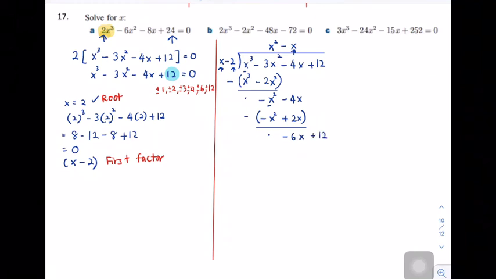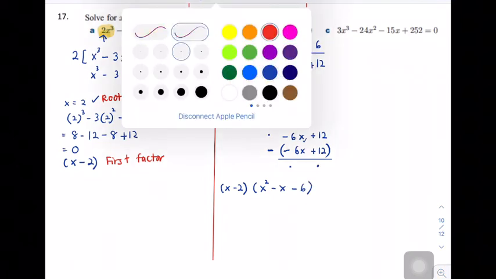Bring down positive 12. So x to become negative 6x, we have to multiply by negative 6. So negative 6 times x, negative 6x. Negative 6 times negative 2, positive 12. Bracket minus. So 0 and 0. So now we have x minus 2 and the quotient x squared minus x minus 6.